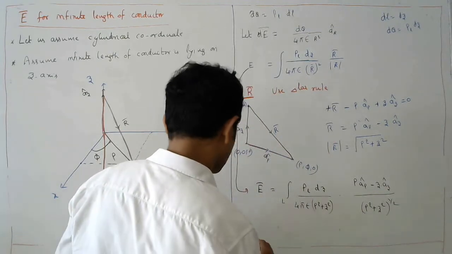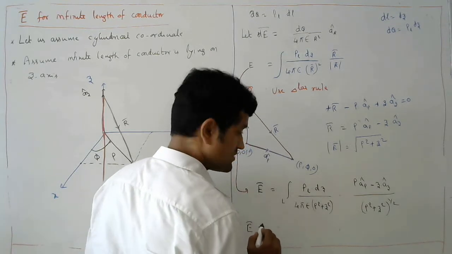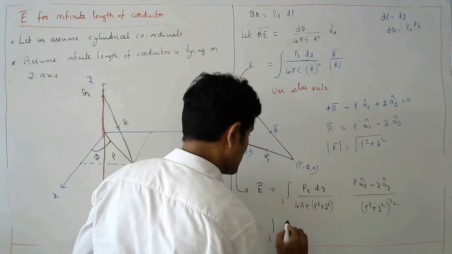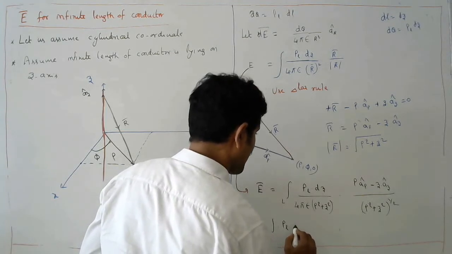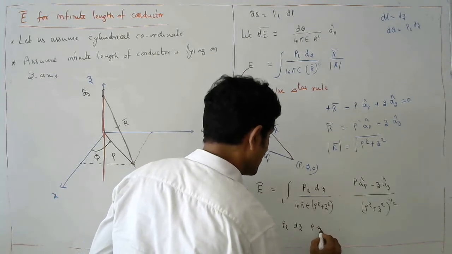Now this equation I can also write as E bar equal to the line integration of rho L dz into rho a rho cap.